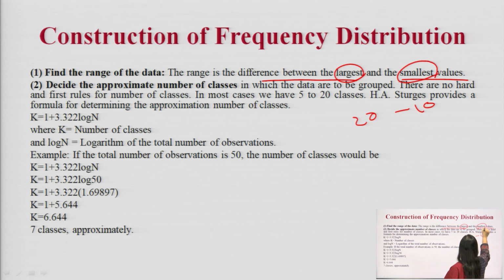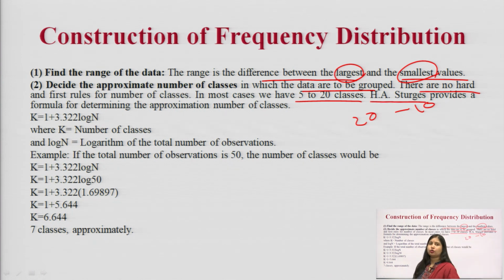What is the largest value and what is your smallest value? After doing that, you decide the approximate number of classes, meaning how many classes you want to make. For that, there is no hard and fast rule for grouping the data. In most cases we have 5 to 20 classes, but Sturges provided a formula through which we can determine approximately how many classes would be good for our study.